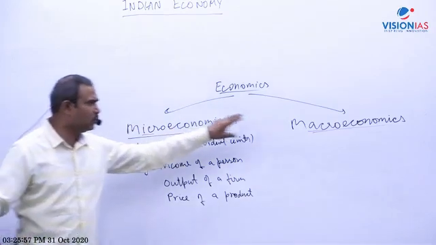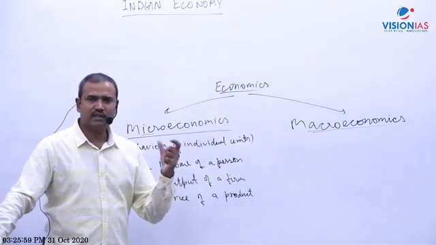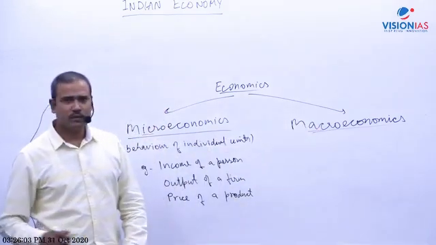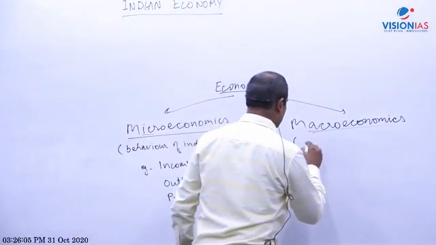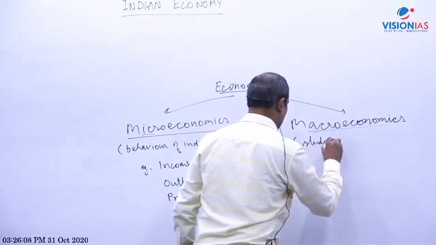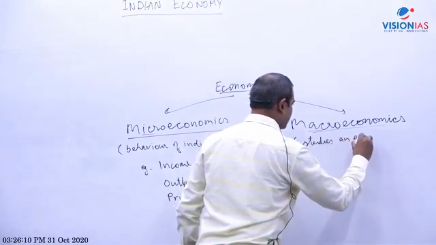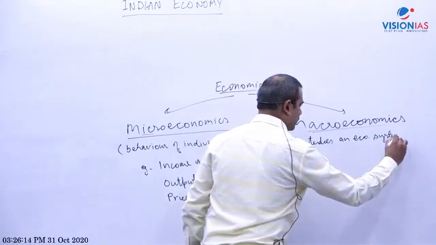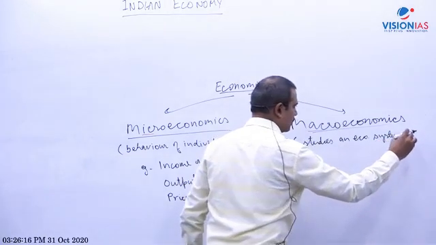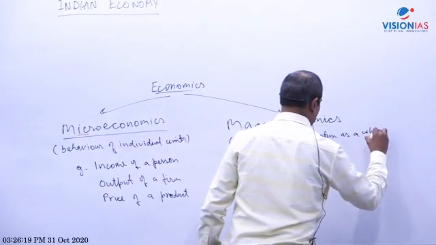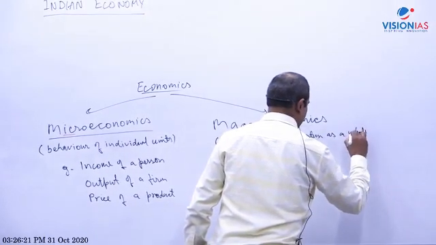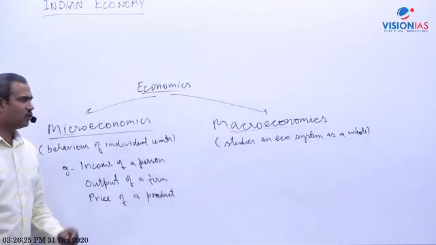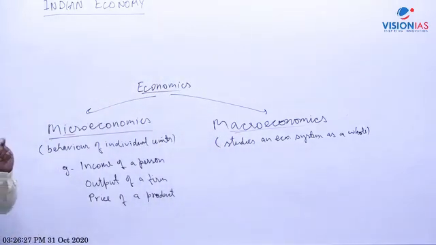Now what is macro? I told you macro means large, and it studies the economic system as a whole. So write down this definition of macroeconomics: it studies an economic system as a whole, the entire economy.